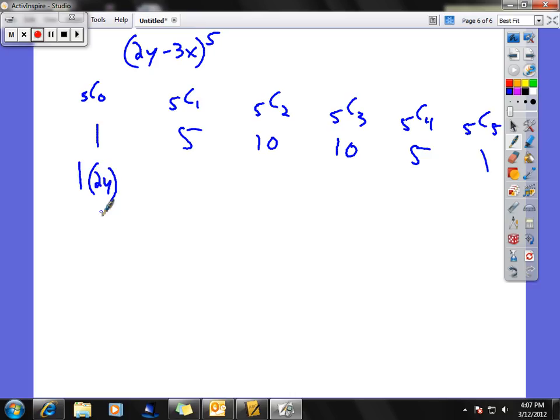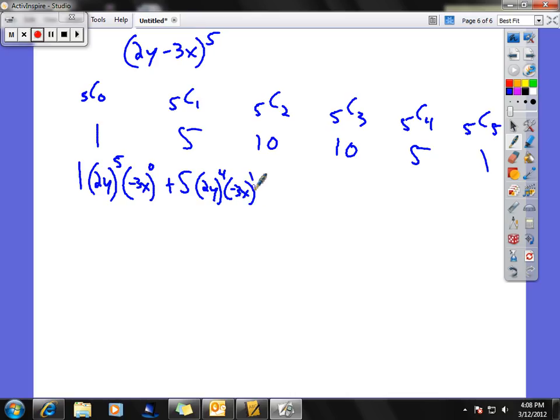That 2y is the whole thing, so I'm keeping it together in parentheses. 2y to the 5th, and my second term is negative 3x, and that's going to be to the 0. And then I have my 5 coefficient here, and then I have 2y. This is going to go down to the 4th, and negative 3x goes up to the 1.